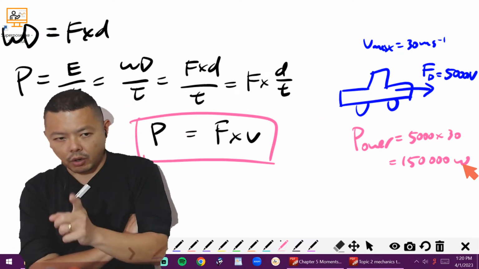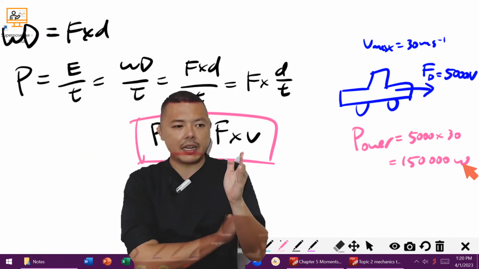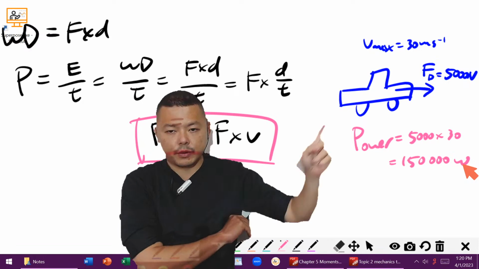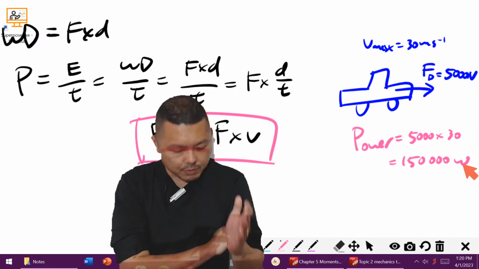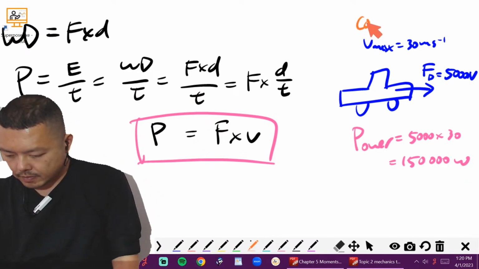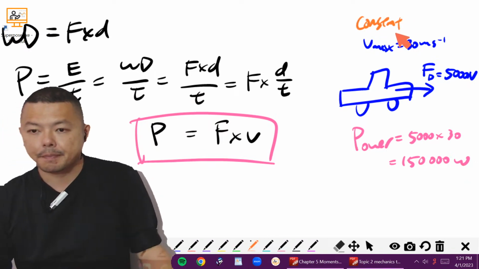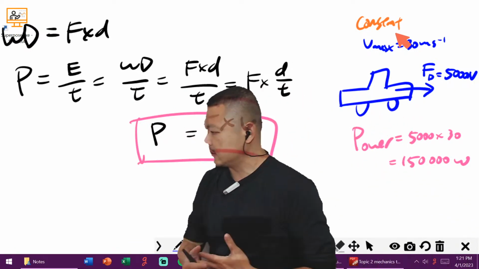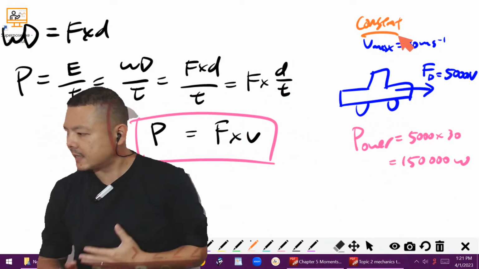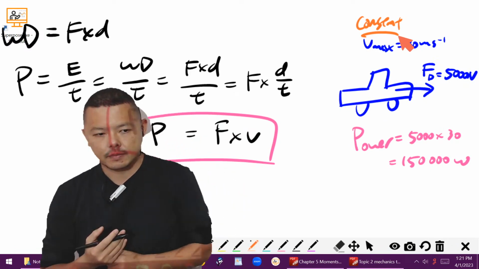So here's a clue. I will also set papers just to trick students by using the word Vmax. Maximum V actually means constant speed. Maximum speed is a type of constant speed. It's maximum, but it is constant.